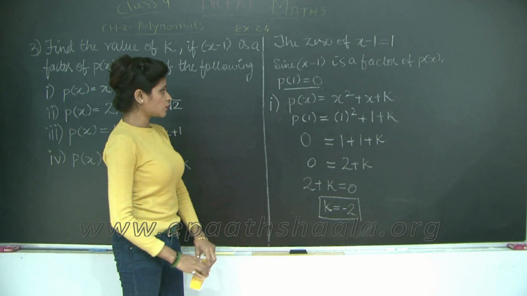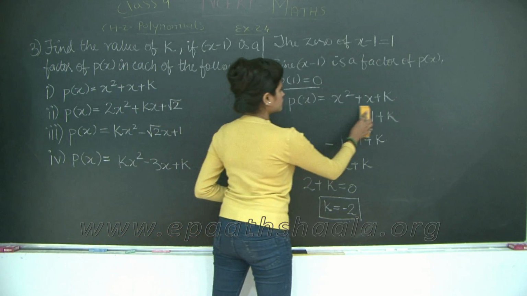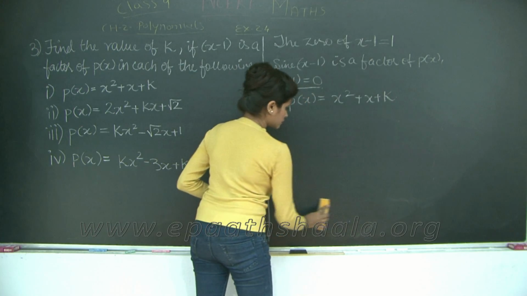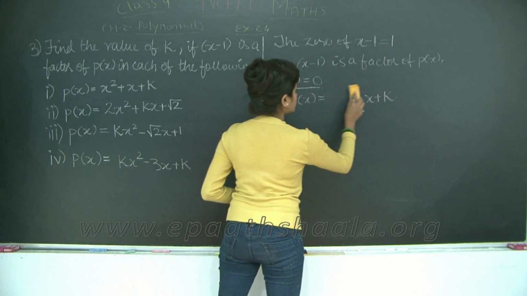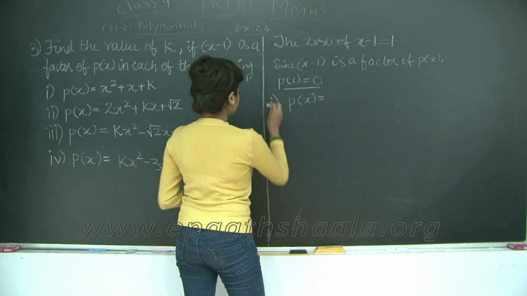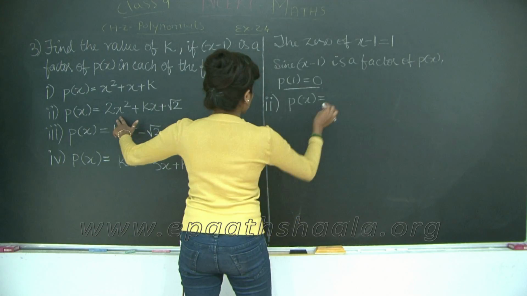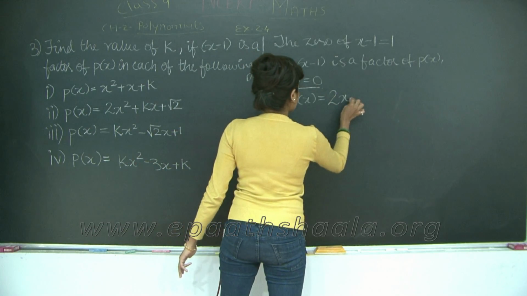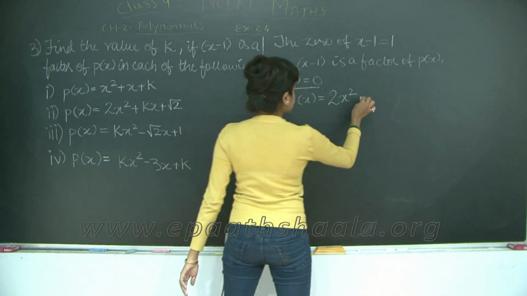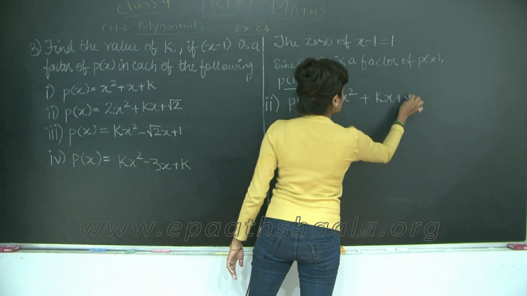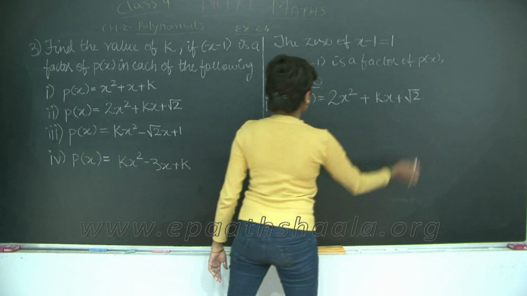Let us take a look at the second question. It is 2x squared plus kx plus root 2, right?